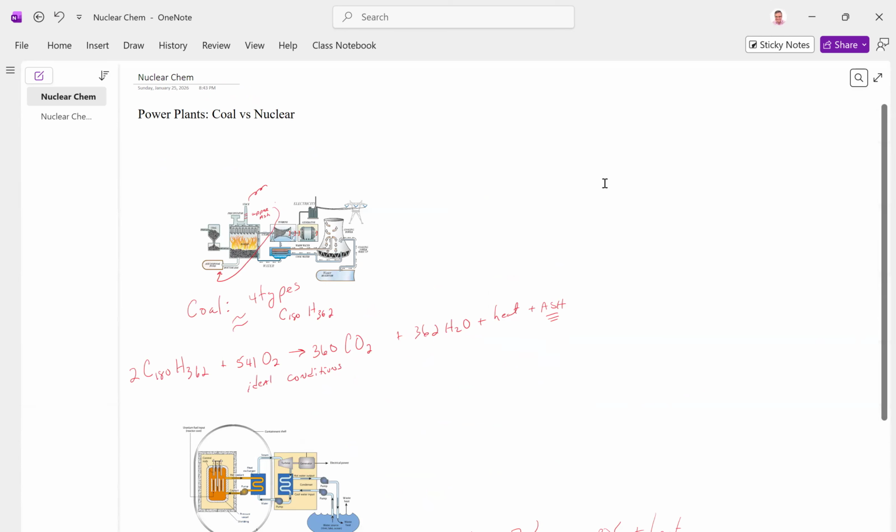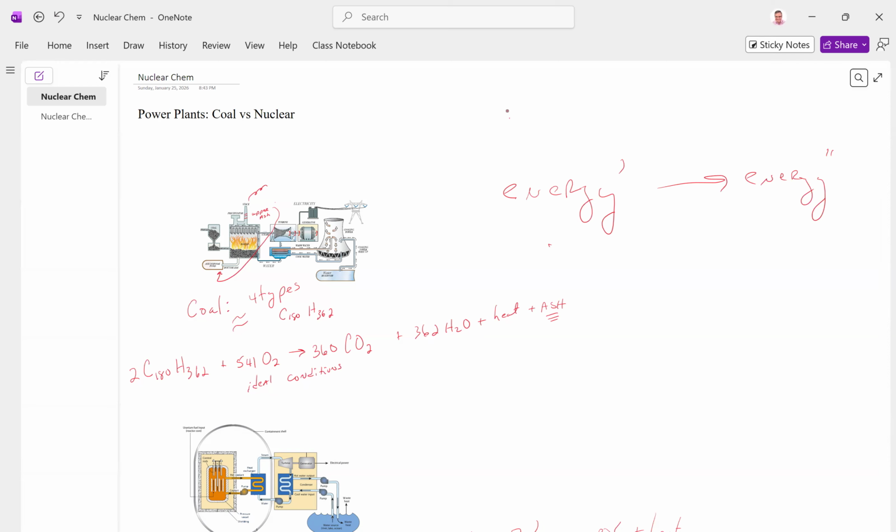All energy production facilities take energy prime to energy double prime.